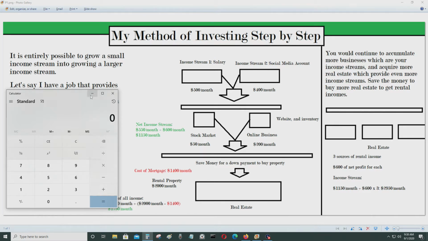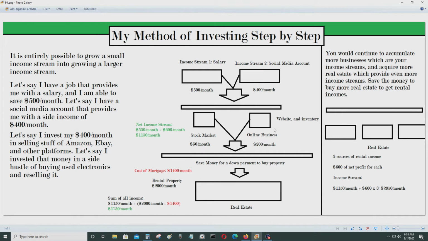And let's say I'm able to save more money, and I save enough money to get a down payment on a rental property, right? Let's say a studio condo or something.